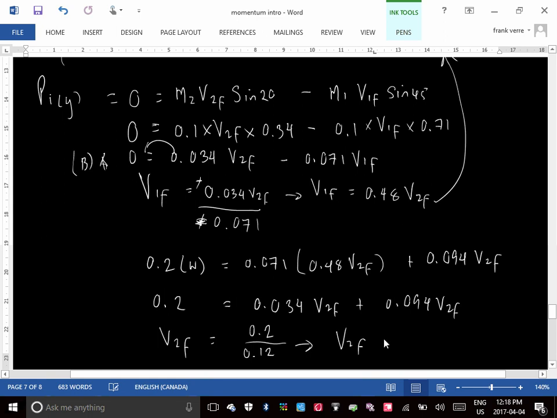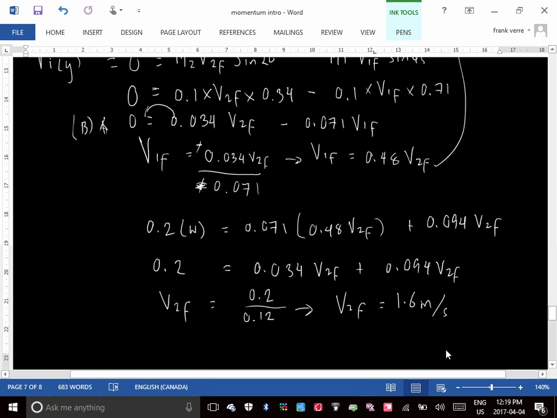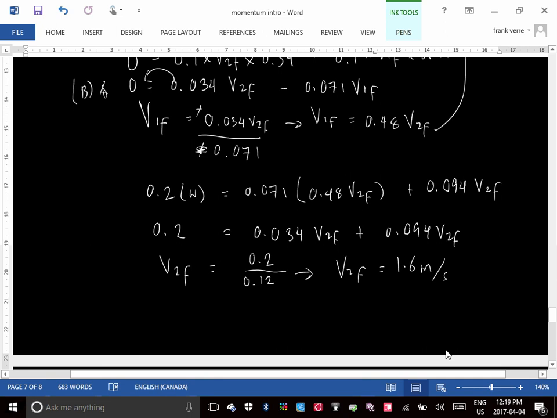So V2F is 1.56. I'm just going to round it to 1.6 meters per second.